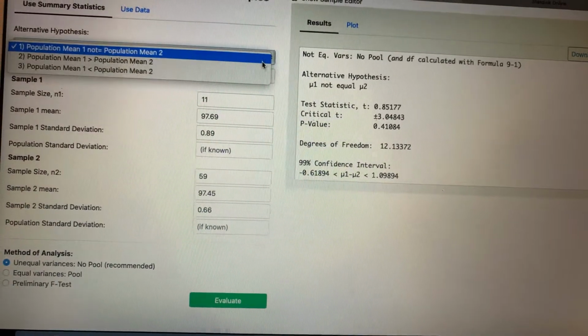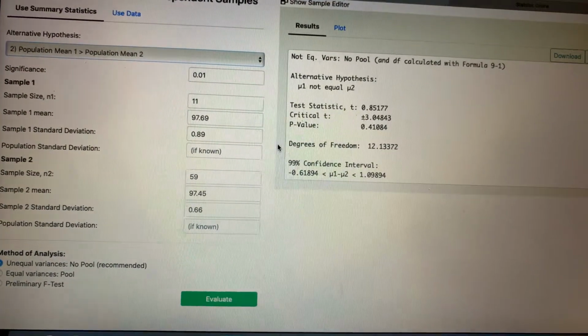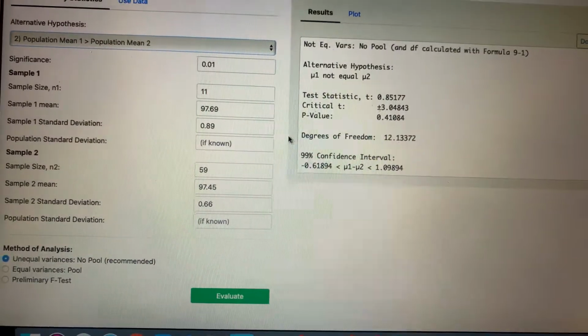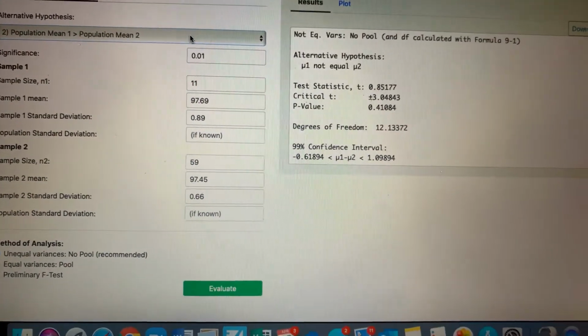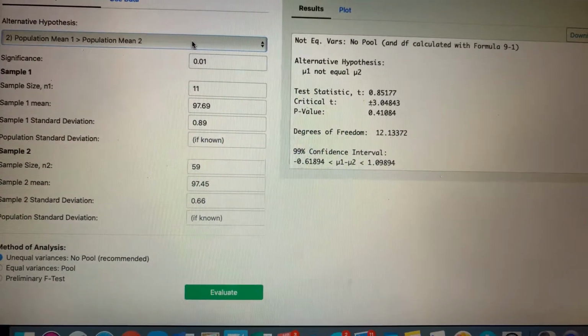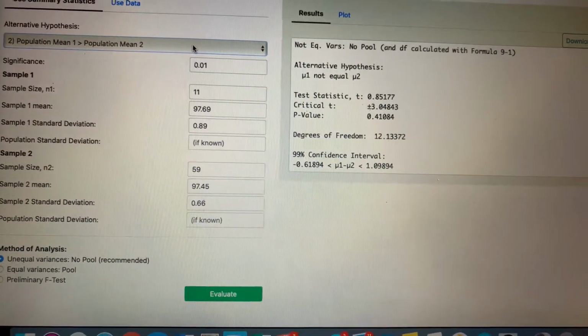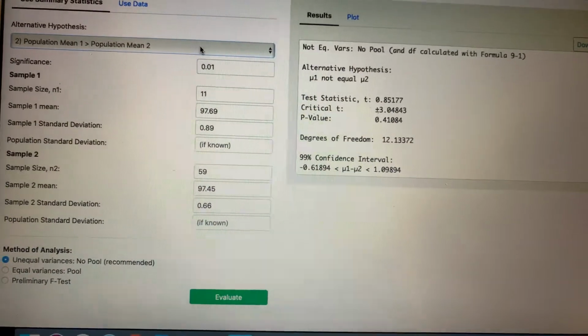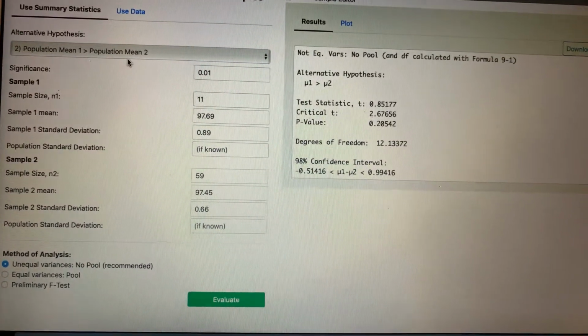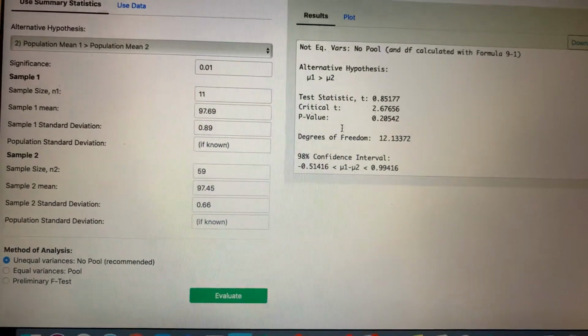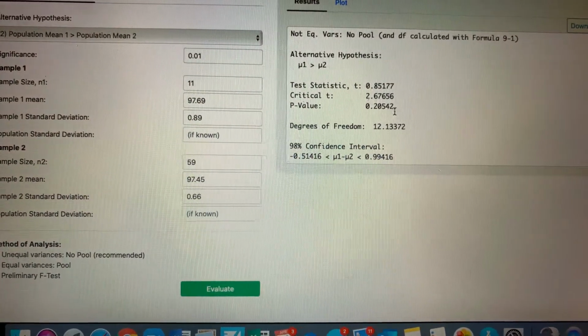That's because it finds that test statistic or the t-value for my sample results. But if I leave it as that not equal to, it multiplies the original p-value by 2, right? In this case, it would be a right area multiplied by 2 to mirror the left area, but I only want the right area. So let's make sure this is just for greater than population mean 2. Now my p-value is 0.205.